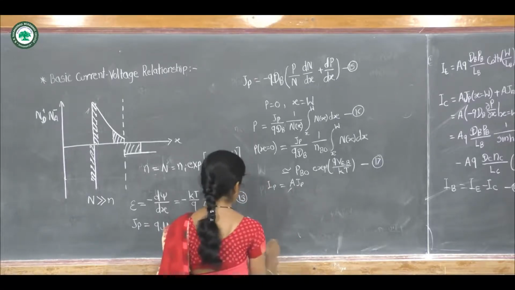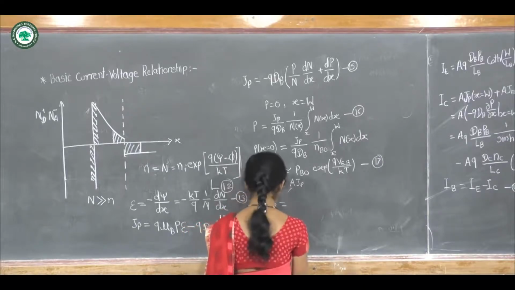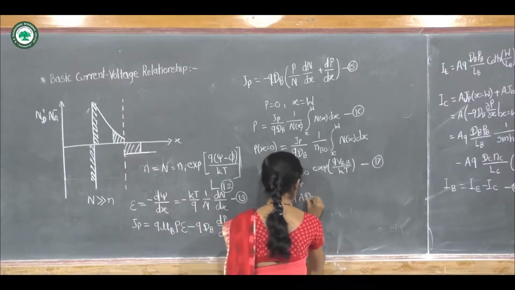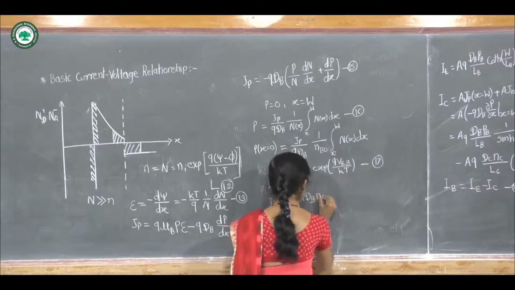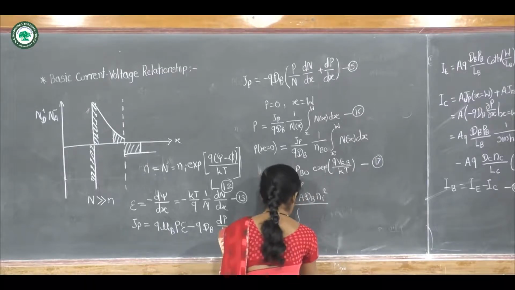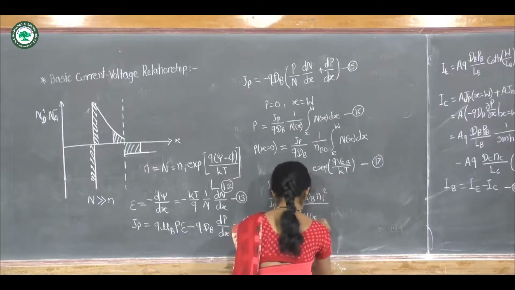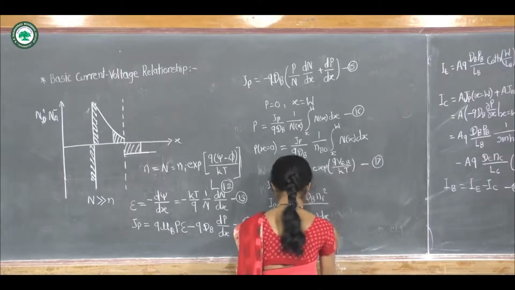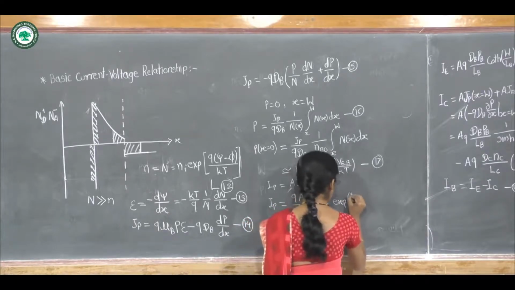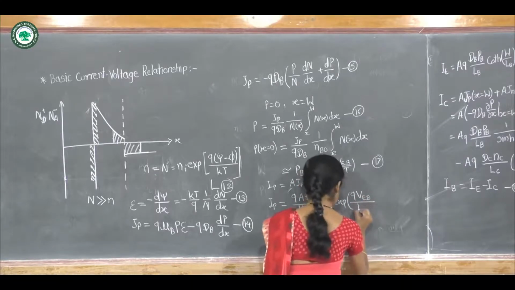This current Ip is given by Ip is equal to Q into A into D_p into Ni square upon integration over 0 to W of n of x dx into exponential of Q into VEB upon kT.